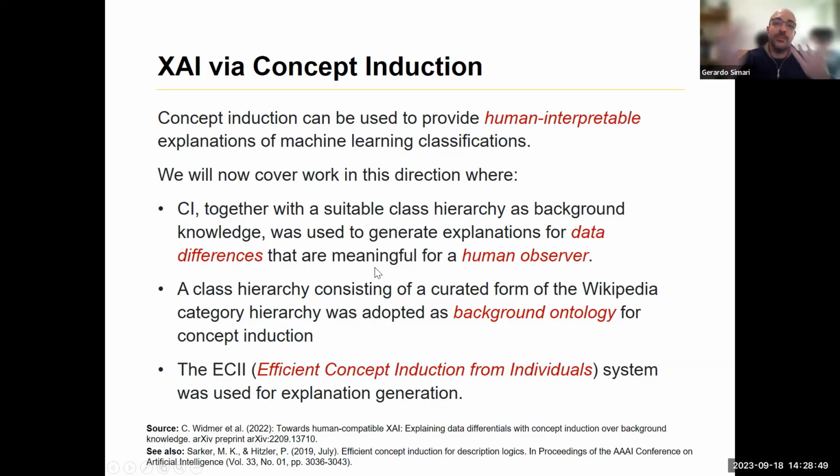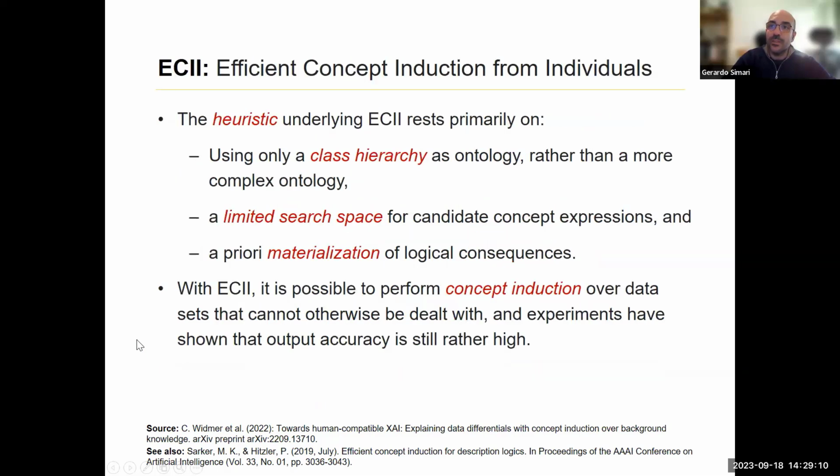So they're going to show them images and ask, can you explain how these images are different? And for this, they used a prior work from 2019 called Efficient Concept Induction from Individuals, and they use this for generating explanations.